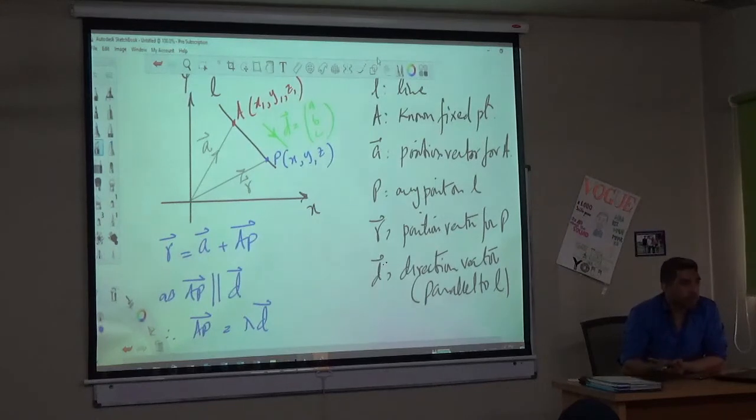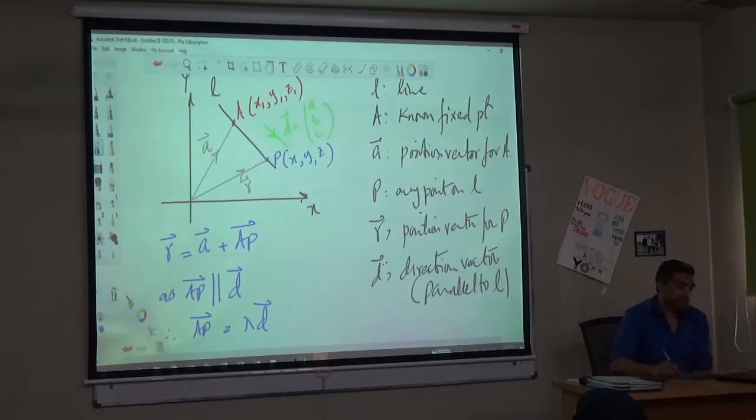So the lambda value depends on the length of AP and the length of D. And if AP and D are both of the same length, then lambda is 1. So we are okay with that?